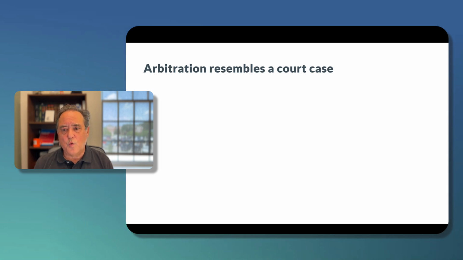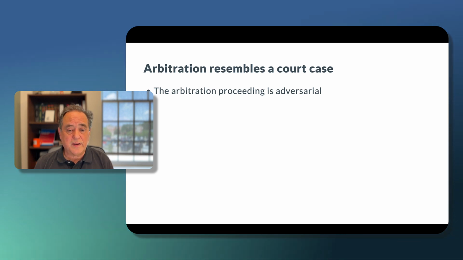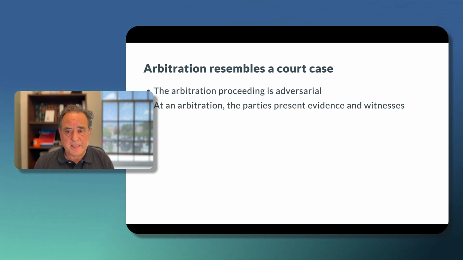Arbitration resembles a court case, which is to say the arbitration proceeding is adversarial, just like with a court case. It often requires the use of attorneys. And at an arbitration, the parties will present evidence and witnesses just as if they're in a court, but instead they're in a conference room.